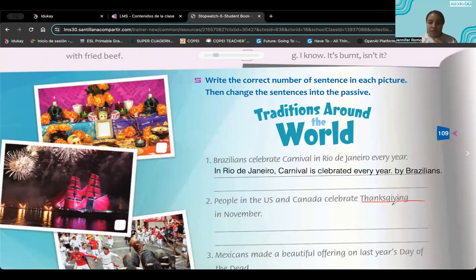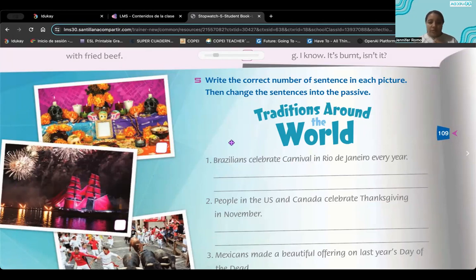Su new subject that you're gonna start the passive voice sentence with. Es con la cual van a empezar la oración del passive voice. Como aquí vimos que Carnival era el nuevo sujeto, que es celebrado por los brasileños, carnaval. And then you have to write, for example, the numbers. So this is number 1 or number 2, number 3. Y eso ya ustedes lo resolverán.